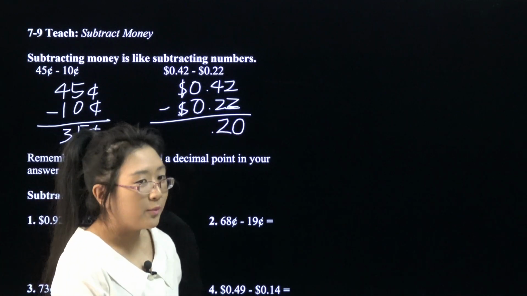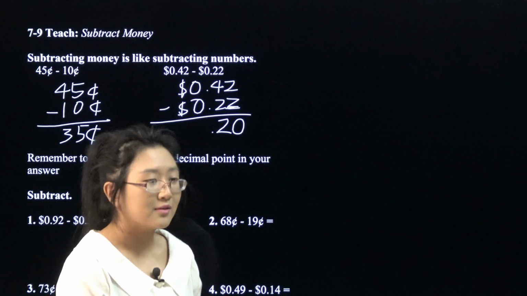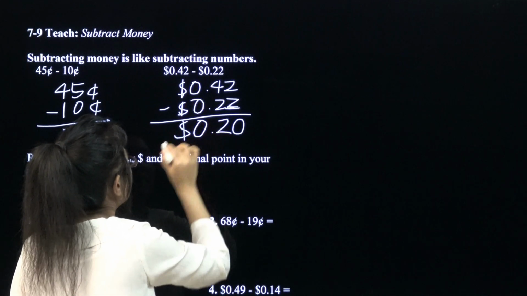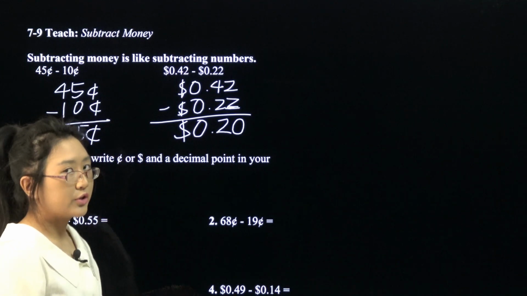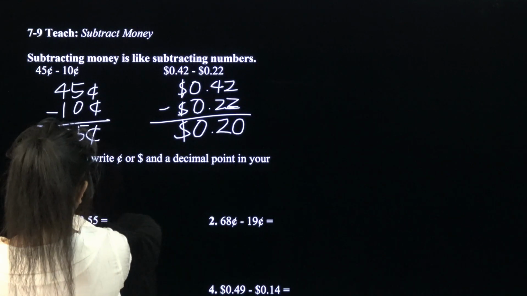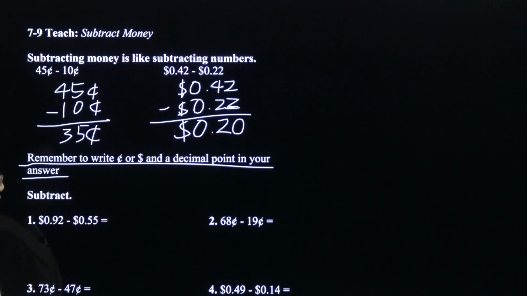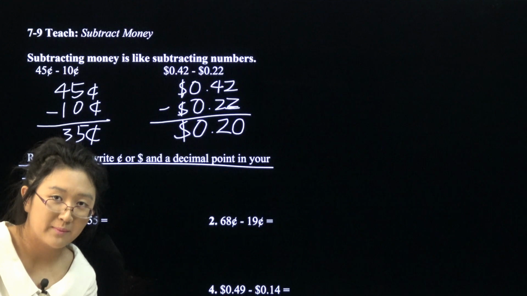Remember to drag the decimal point down to the same place. 0 minus 0, 0. And don't forget your dollar sign. I'm going to underline this sentence just so you remember.